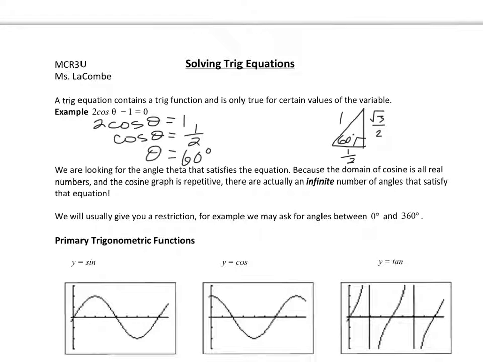That means that the related angle of 60 in both the first and fourth quadrant is going to give me a positive 1/2 ratio for cos of theta. So when I'm doing a 0 to 360 rotation, I have to consider that theta is going to equal 60, but it is also going to equal 300 degrees.